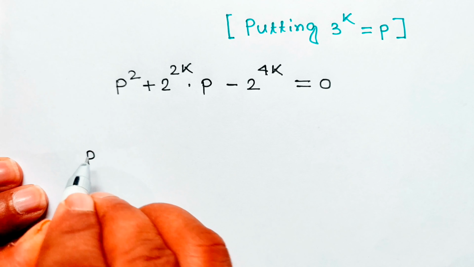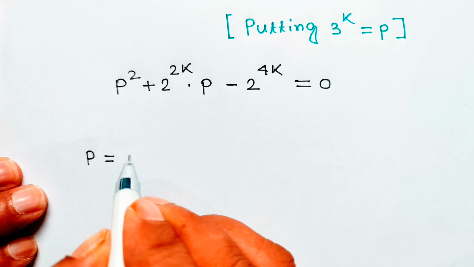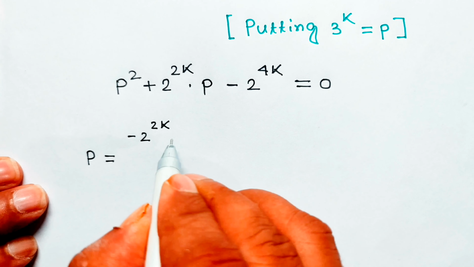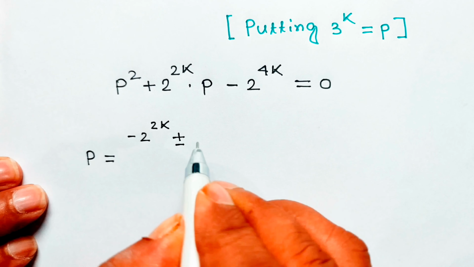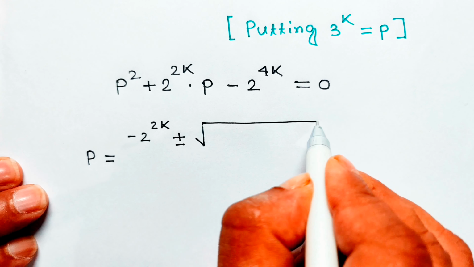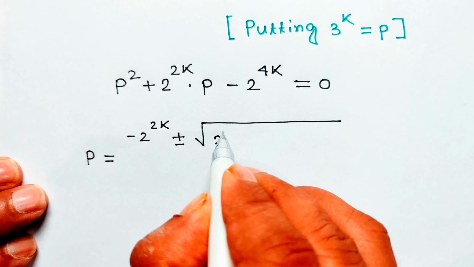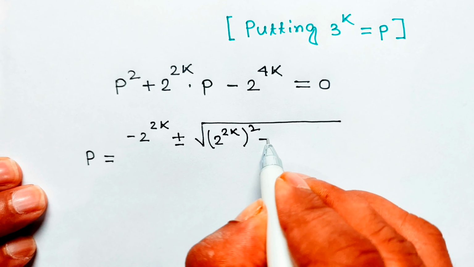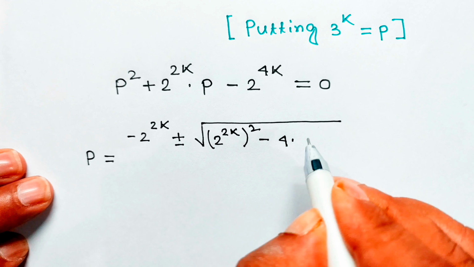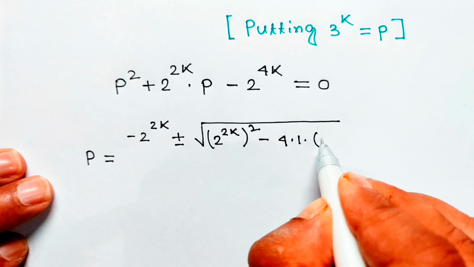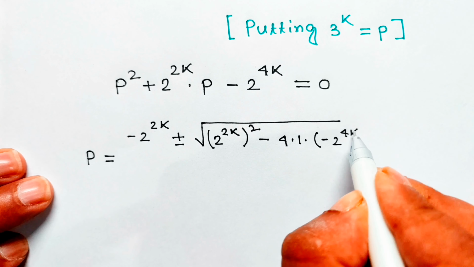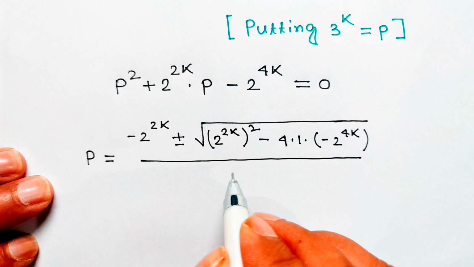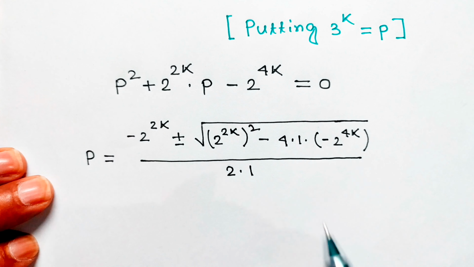Then p equal minus 2 to the power 2k plus minus root of (2 to the power 2k) whole square minus 4 into 1 into minus 2 to the power 4k, divided by 2 into 1.